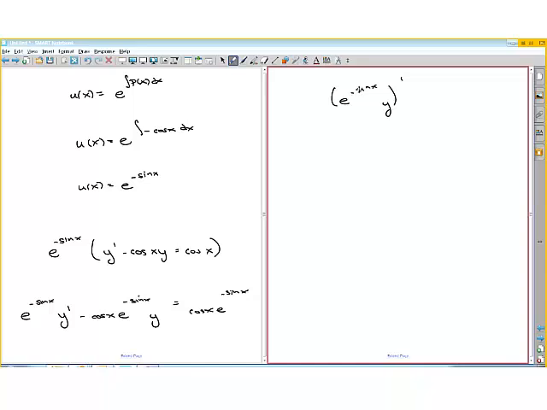If you take the derivative of e to the minus sine of x, you get e to the minus sine of x times the derivative of the exponent, which is minus cosine. So you get minus cosine of x times e to the minus sine of x. That's the second part. You don't have to do that, just as long as you do that part right, you don't have to convince yourself.